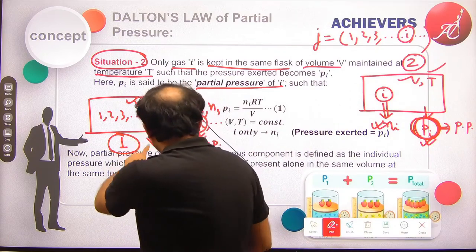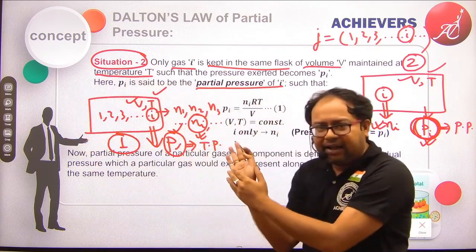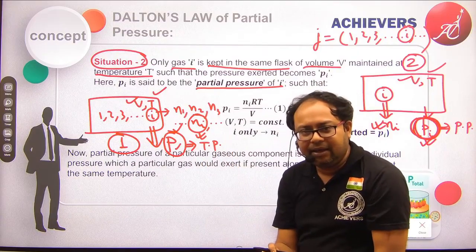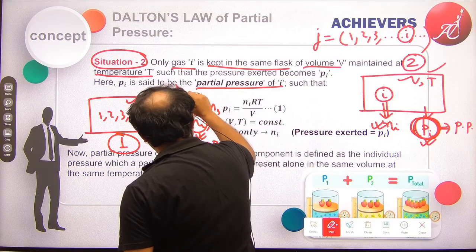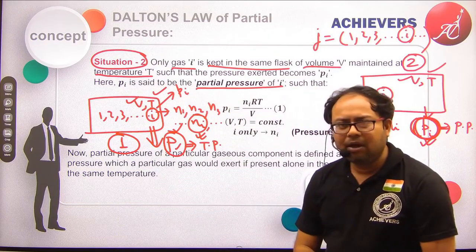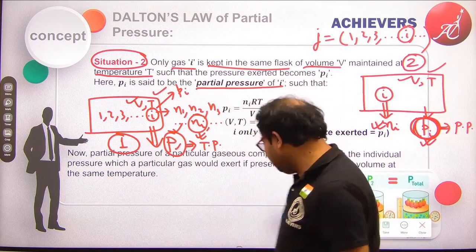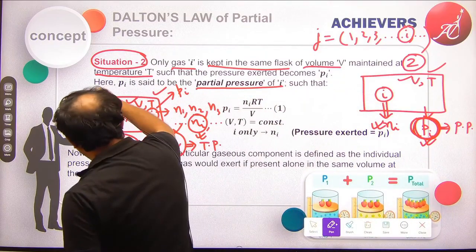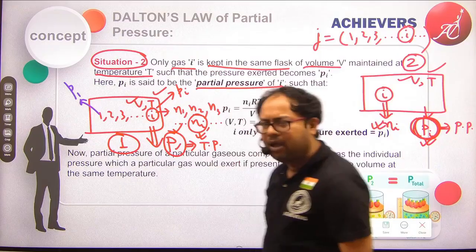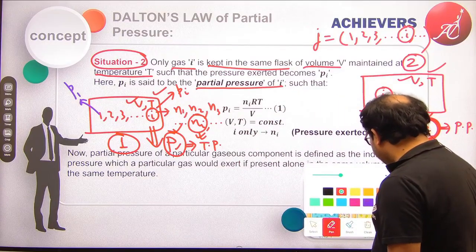That means in this situation where the total pressure is capital P, gas i is going to contribute its partial pressure Pi. What would gas 1 contribute? Gas 1 would contribute its partial pressure P1. What would gas 2 contribute?